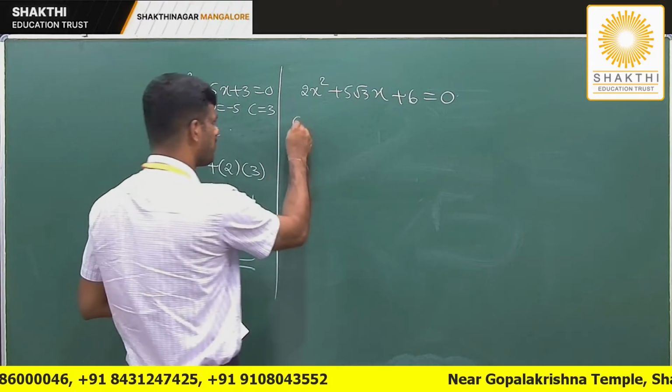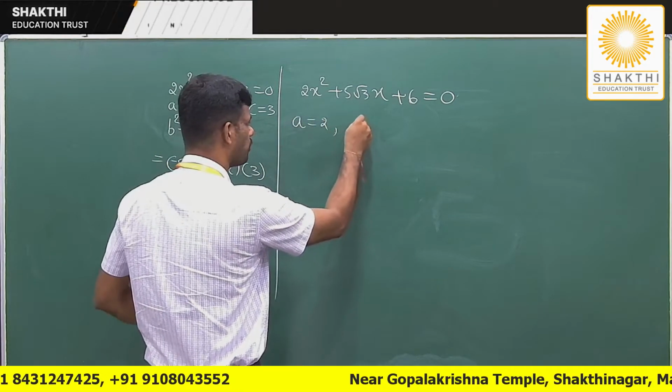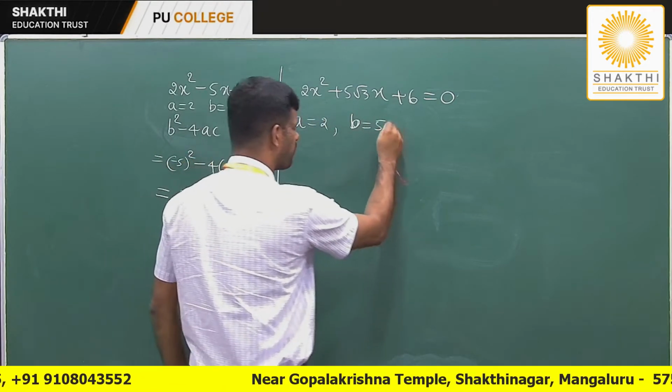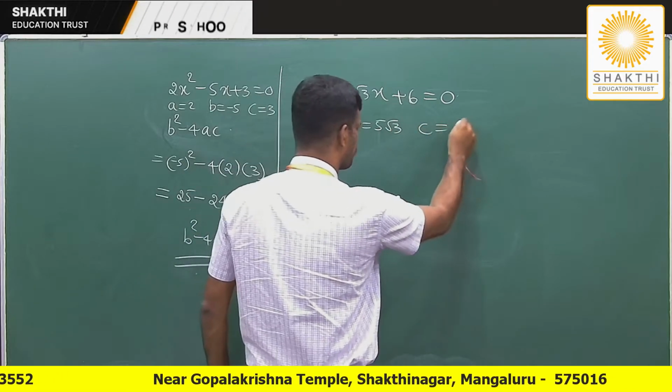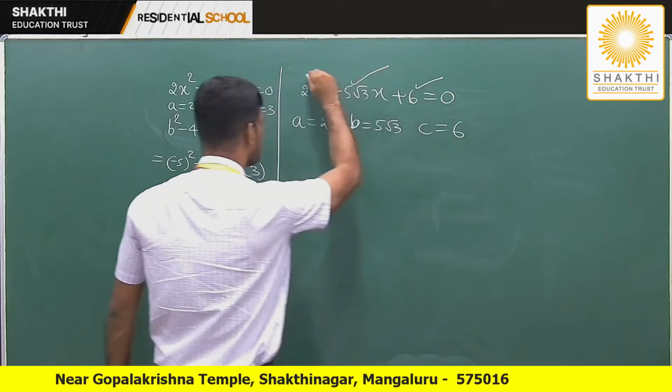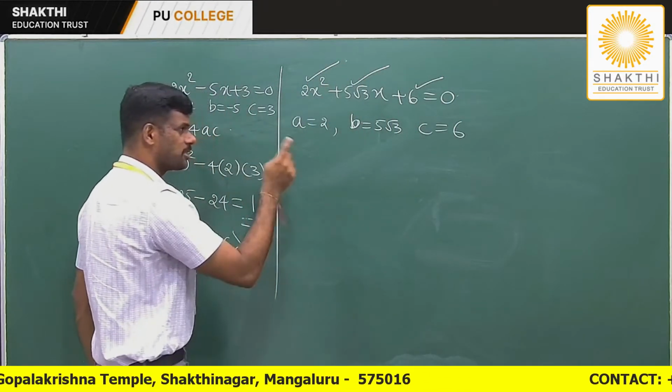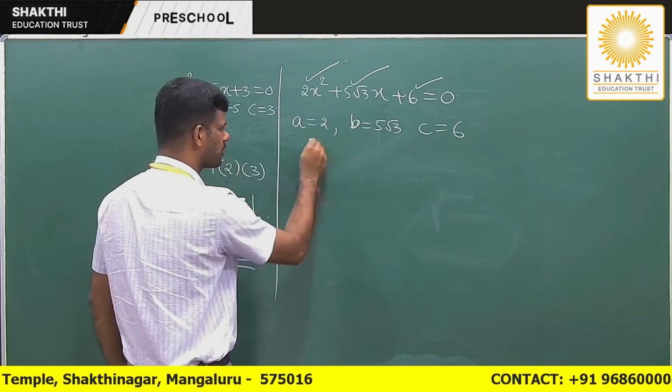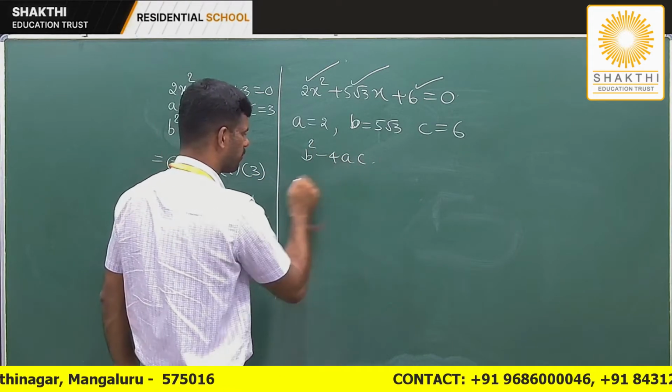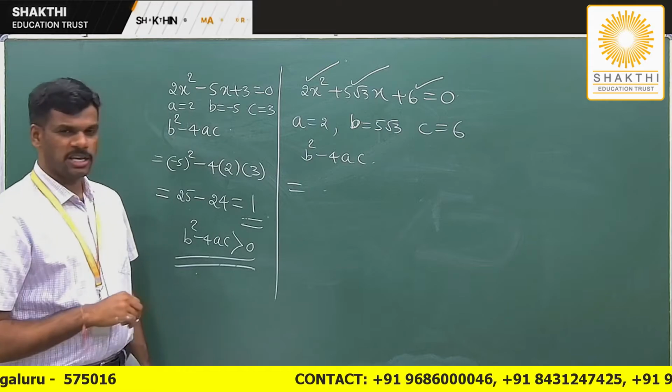You know a is equal to 2. You know b is equal to 5 root 3 and you know c is equal to 6. We have written a, b and c in this particular order. I say b square minus 4ac is what I am supposed to find out. And you know b is 5 root 3.